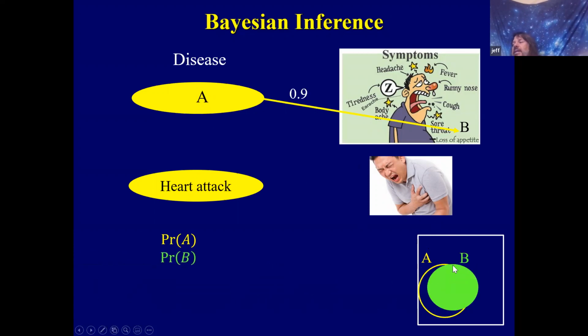And similarly, if I land in B, then B is true. So the probability of landing in there is the area of B. And the probability that they're both true, that A is true and B is true, is the probability of this intersection, the area of the intersection.